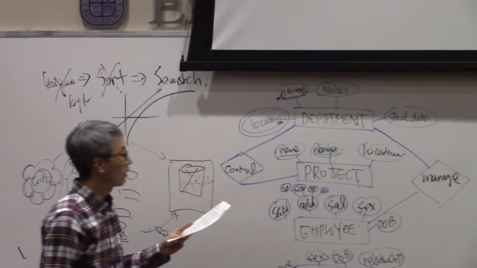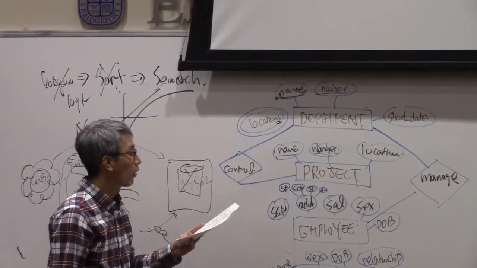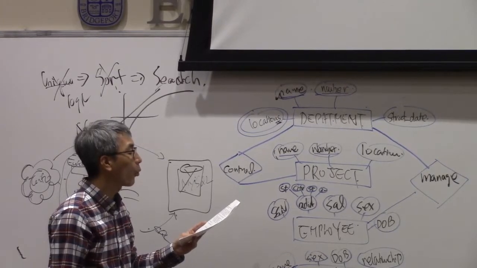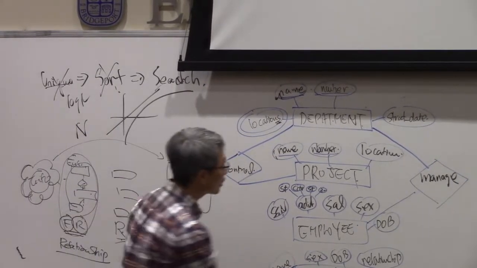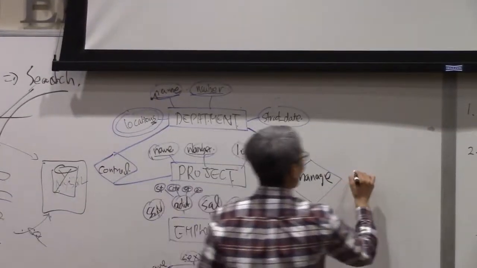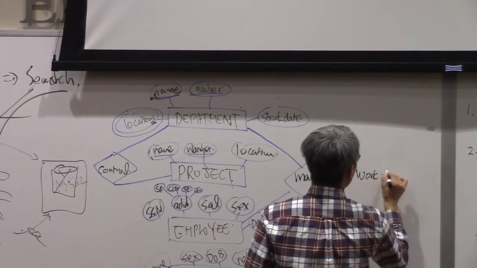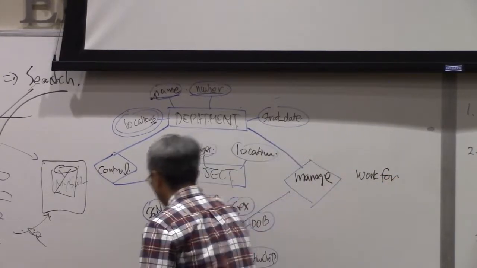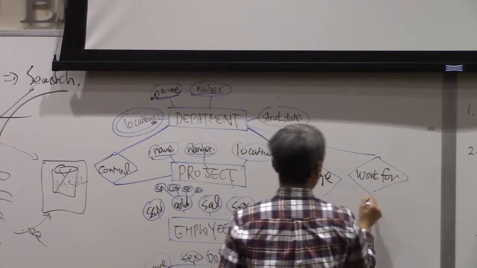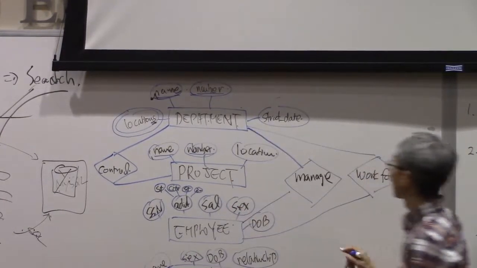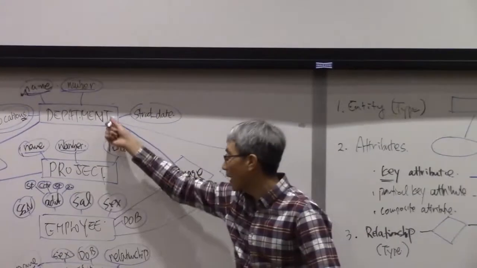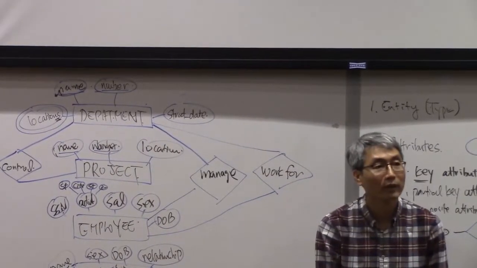So the sub-block of the employee, first sub-block: each employee works for one department. Each employee works for one department. So we have works for. It is possible we have two relationships between department and employee, right?